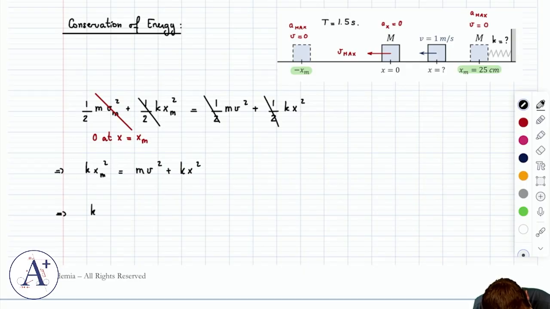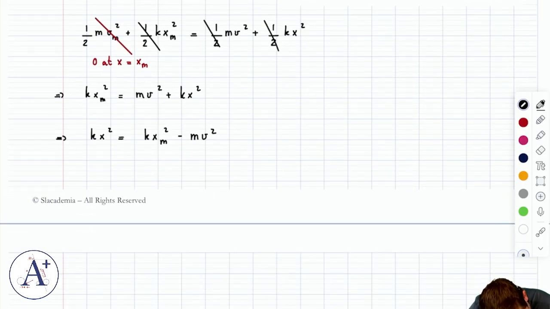That means that kx squared is going to be kxm squared minus mv squared. I will divide both sides by k and then keep the positive root.